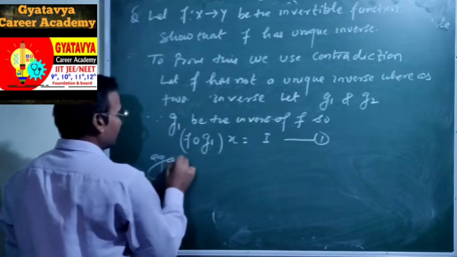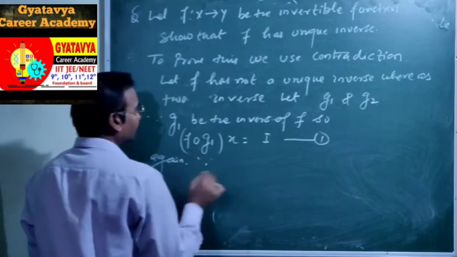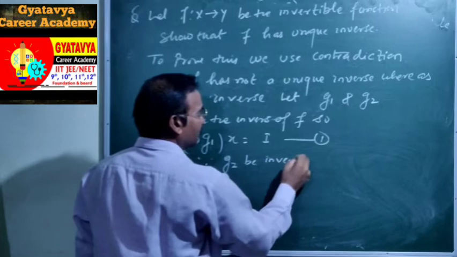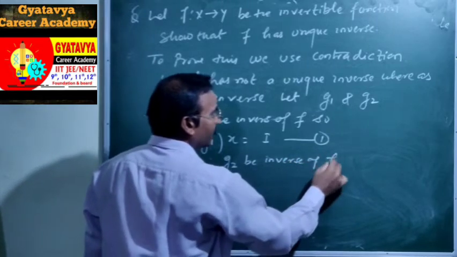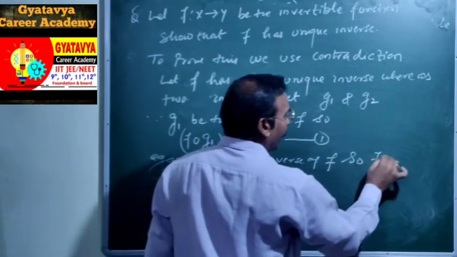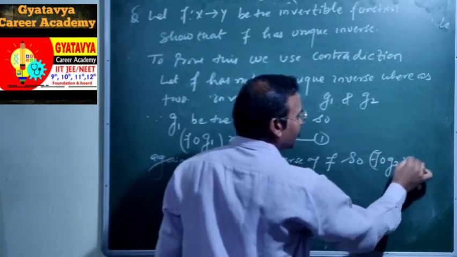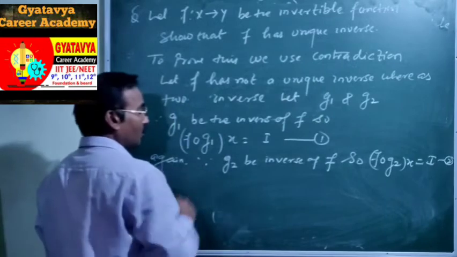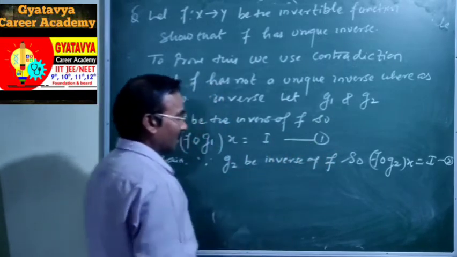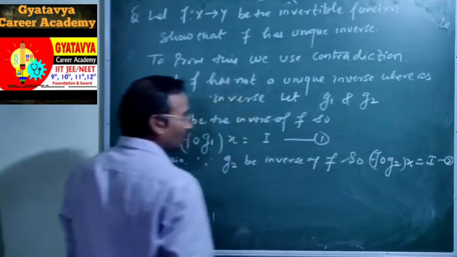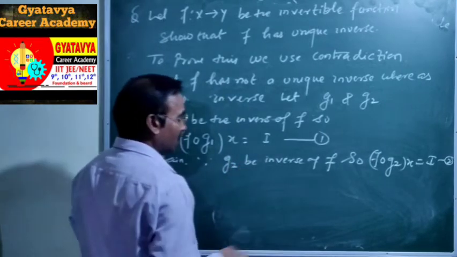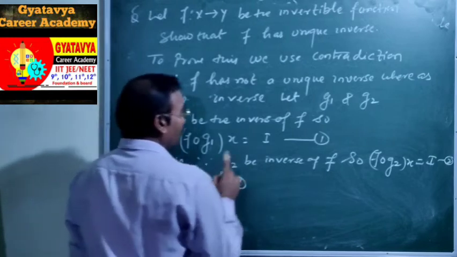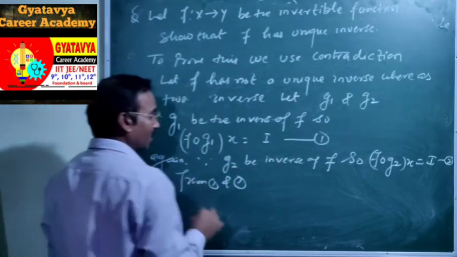Again, since g2 is the inverse of f, f of g2 of x should be I, number 2. Now watch the first and second: both have RHS as I. So if RHS are equal, then LHS will also be equal.